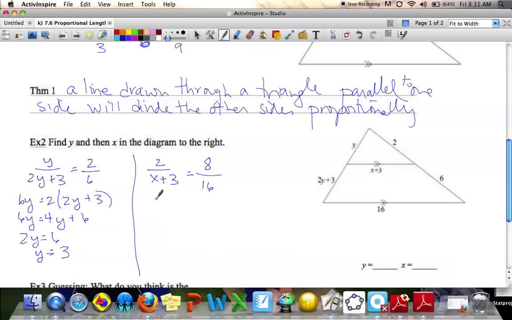And we do the same cross multiplication. We get 32 equals 8 times x plus 3. 32 equals 8x plus 24. Subtracting 24, we get 8 equals 8x, or x equals 1. So we get 3 for y and 1 for x.